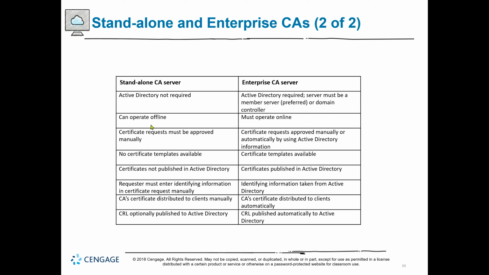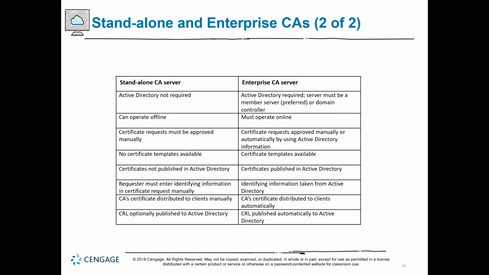And here is your list of standalone CA versus enterprise CA. On the standalone, Active Directory is not required, whereas on the enterprise, it is required, and the server must be a member server or domain controller.